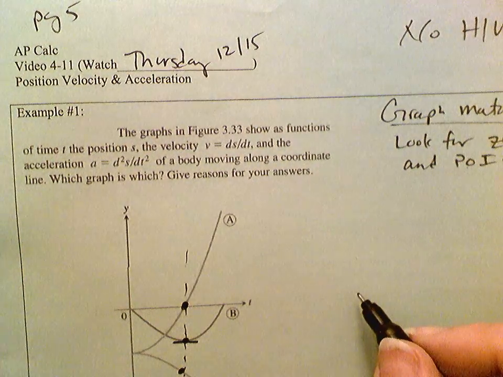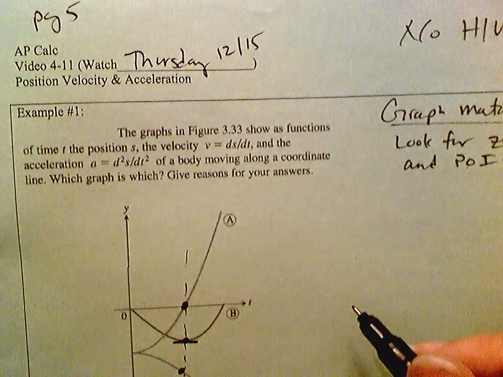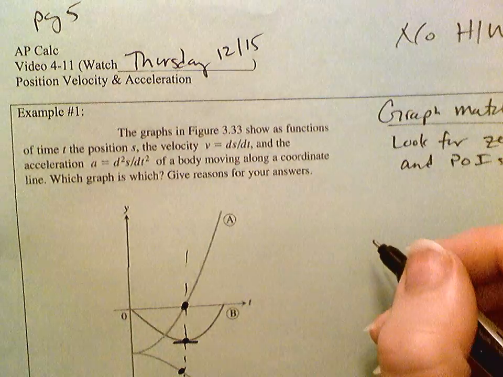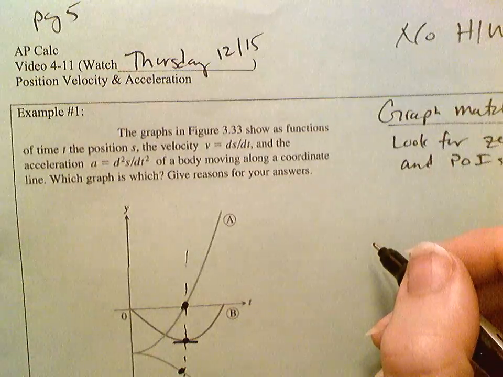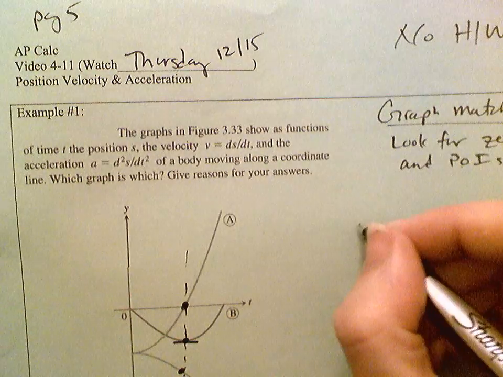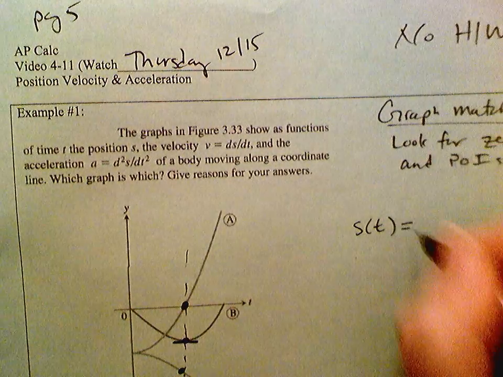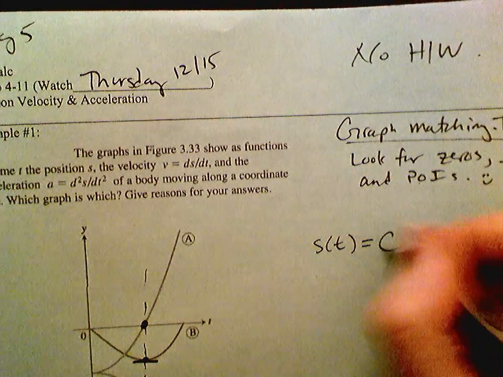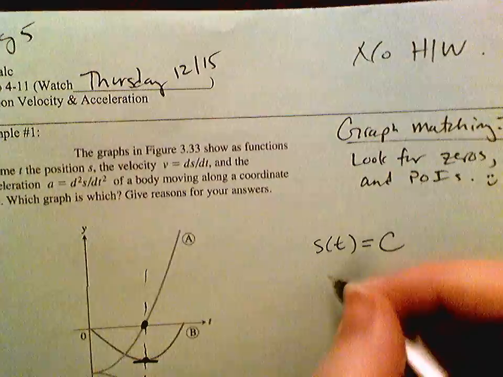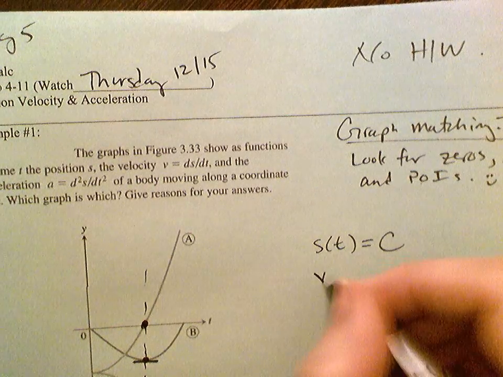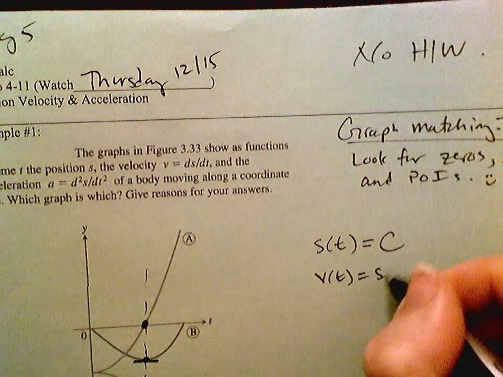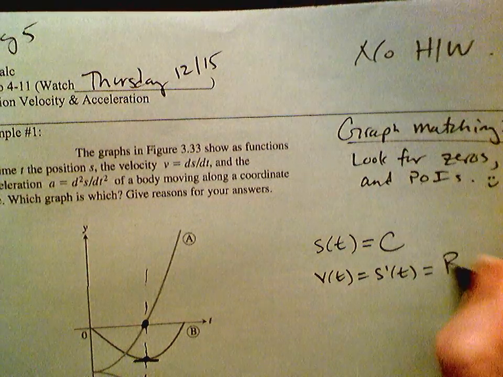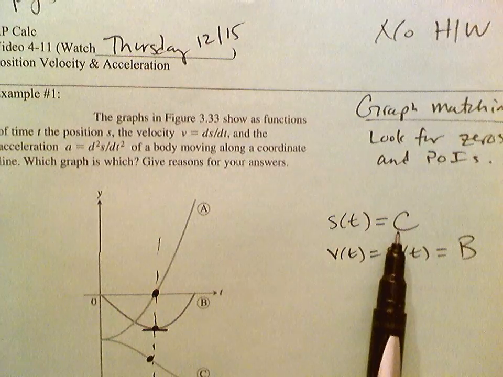So I'll just say it like this. I'll say that s of t, that's the position. I used s to be speed yesterday, but that's the graph C. v of t, which equals s prime of t, this is B. I found the inflection point on that one.